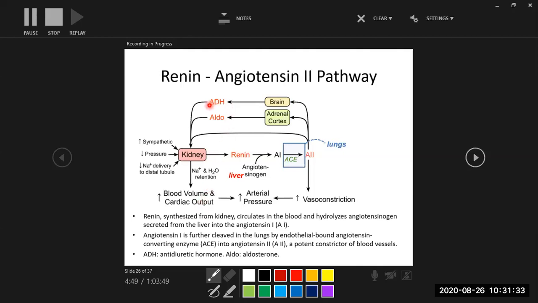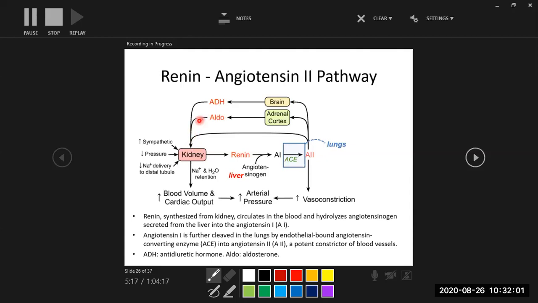So that's the ADH. Angiotensin 2 also acts on the adrenal cortex. The adrenal cortex will release one important hormone called aldosterone, right here, ALDO, aldosterone. Aldosterone's function is to regulate our salt, our sodium and potassium.